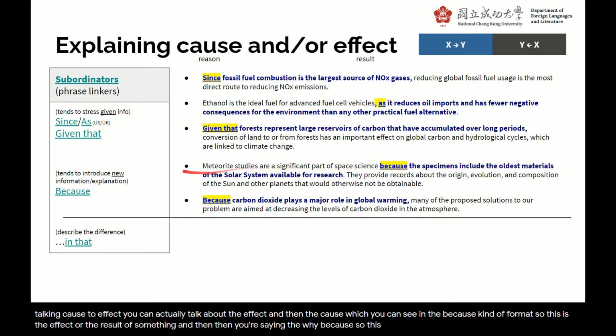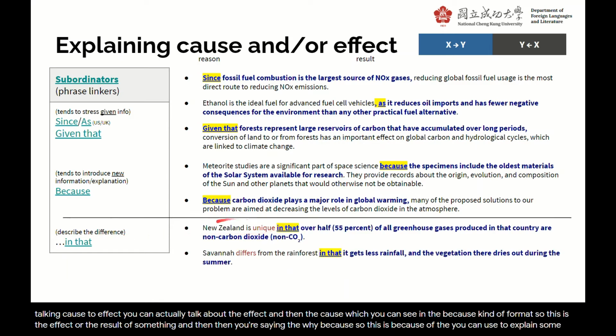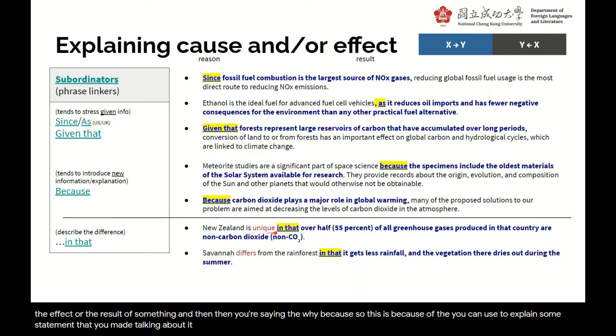So this is because of the... and then in that you can use to explain some statement that you made, talking about a unique aspect of something or the difference, and it just helps to explain right after why you made such a statement.